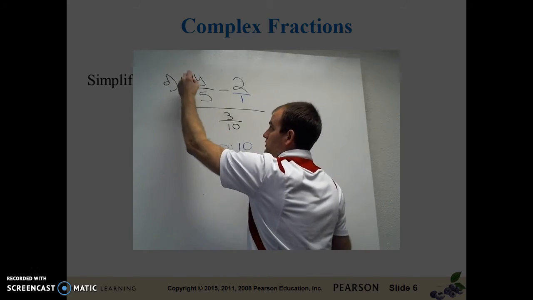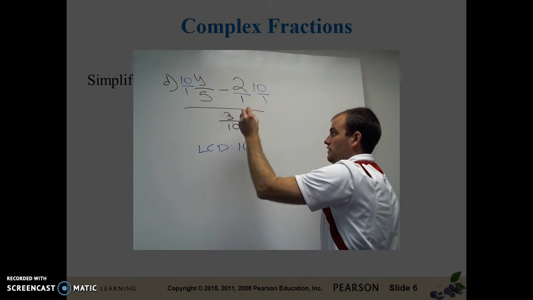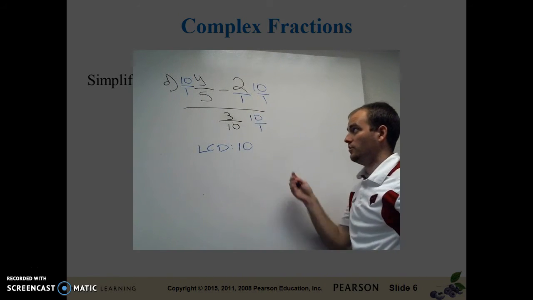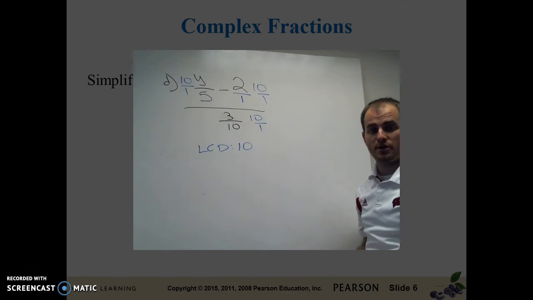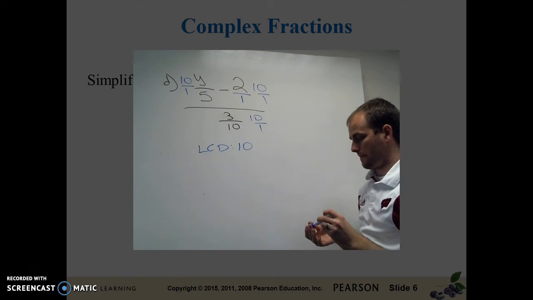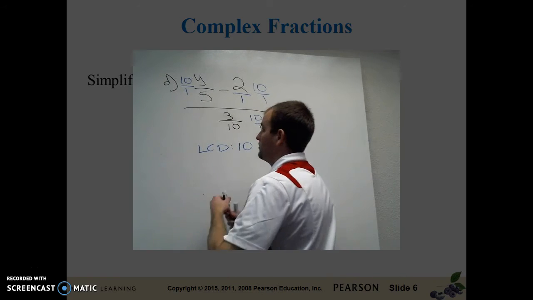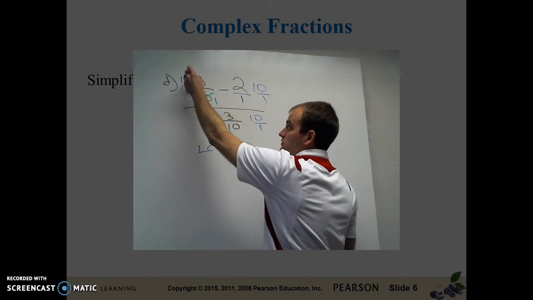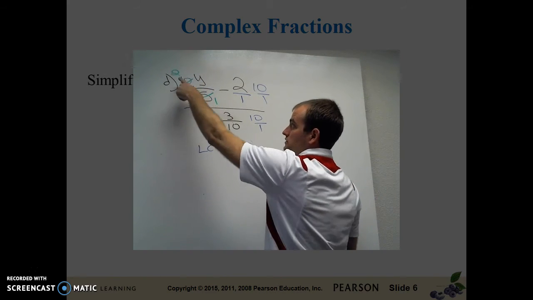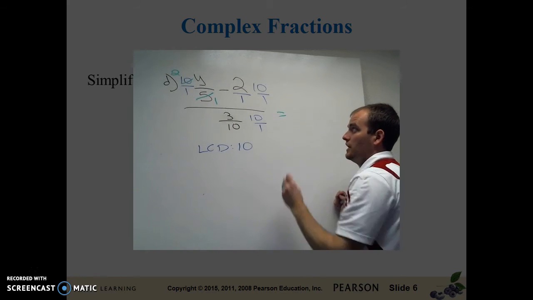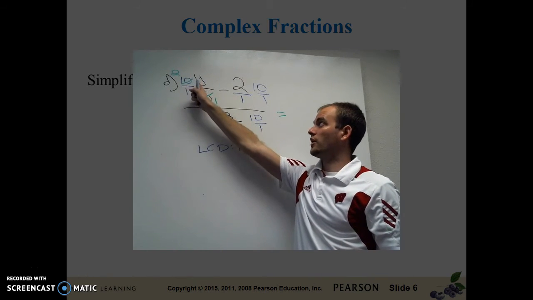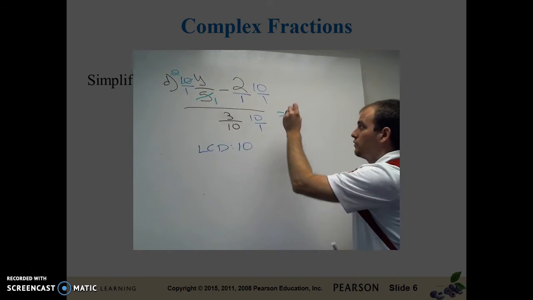So we can multiply each fraction by 10 over 1, and we're not changing anything because we're multiplying the numerator and denominator by the same fraction. So the first one, the 5 and 10, we reduce to a 1 and 2. 5 goes in there once, 5 goes in there twice, and then we're just left with 2 times y over 1, which is 2y.